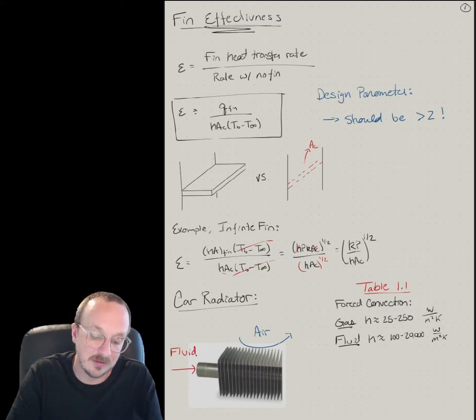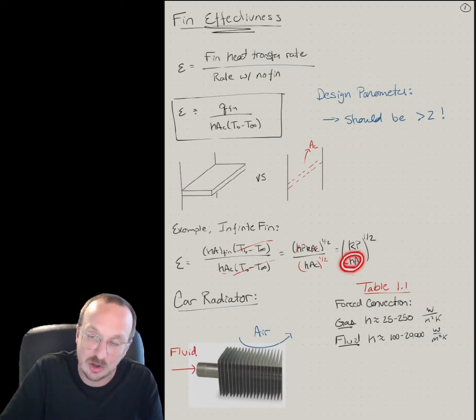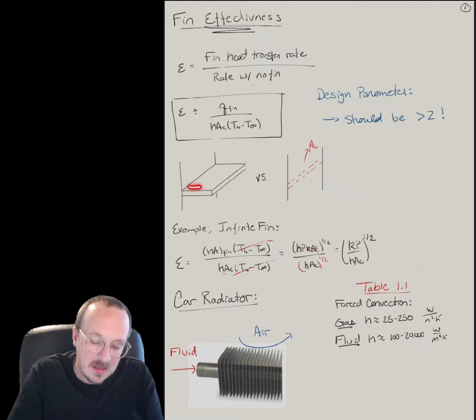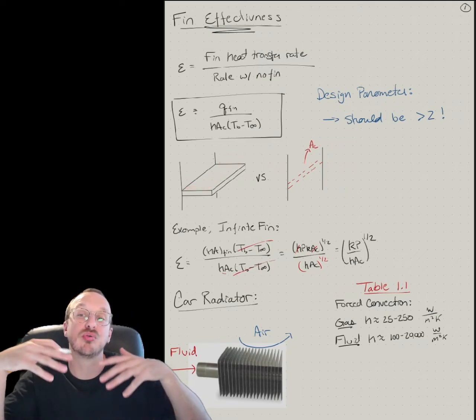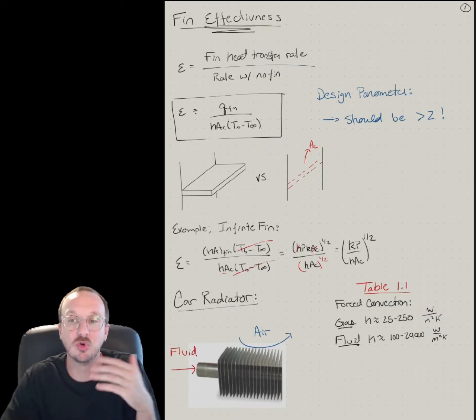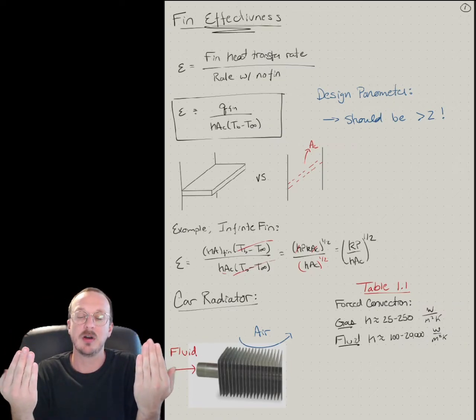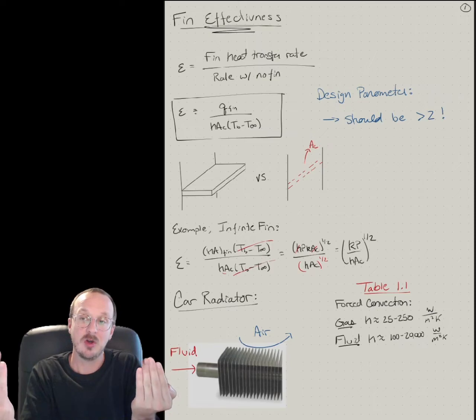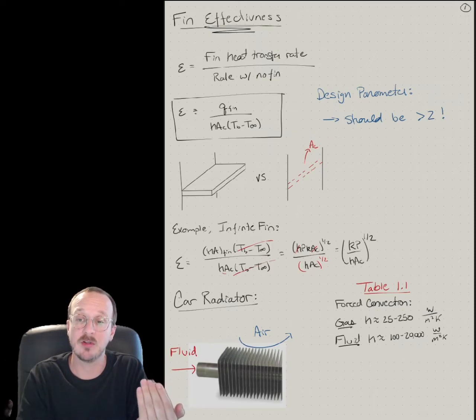So fins are more effective under conditions with very low h. It systematically improves a problem where you don't have good airflow. So you've got two solutions when you want to cool something off better: increase the airflow to it, or maybe you can't increase the airflow, in which case use a fin.